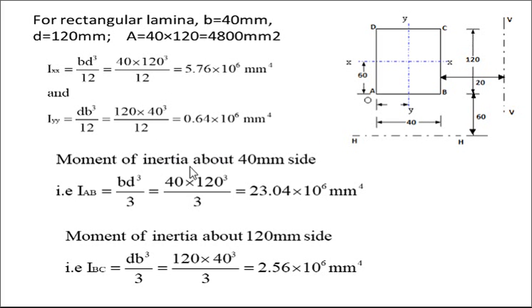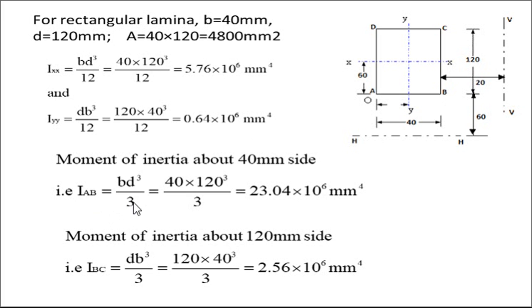After that, third one is the moment of inertia about the 40 mm side. Here AB is the edge of this lamina, which is 40 mm. So about the 40 mm side we have to determine the moment of inertia, that is IAB.